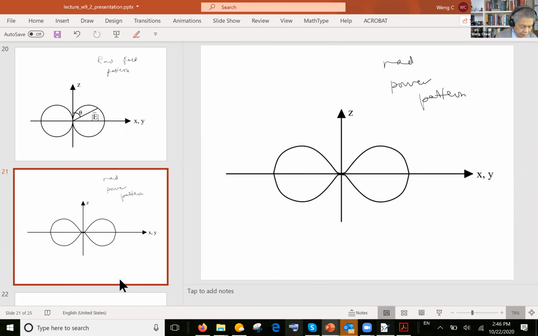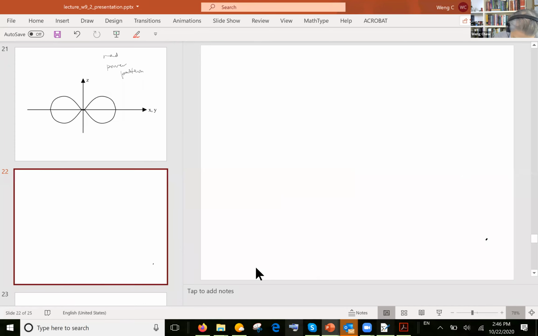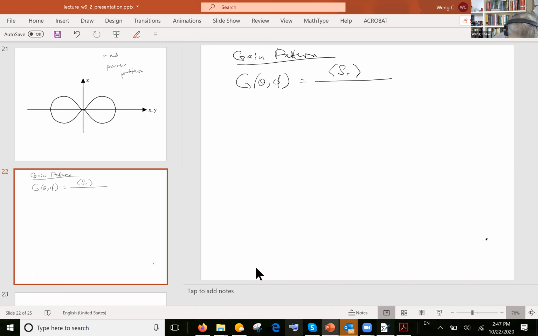And then you can define what is called the gain function, or the gain pattern. The gain pattern is defined to be actually the Poynting vector in the radial direction divided by the total power radiated by the antenna divided by 4 pi r squared.